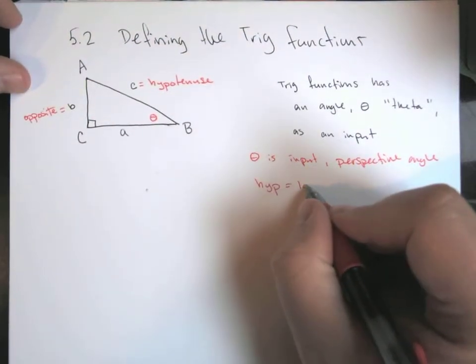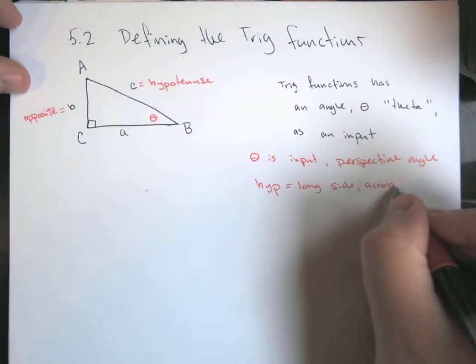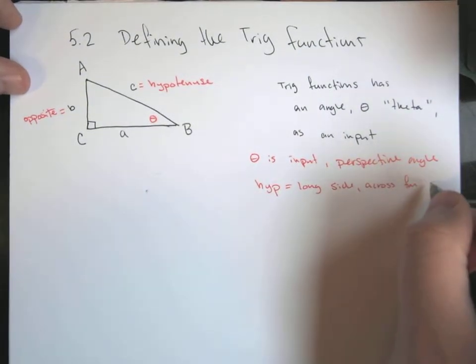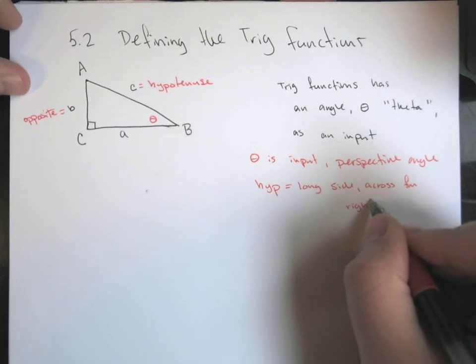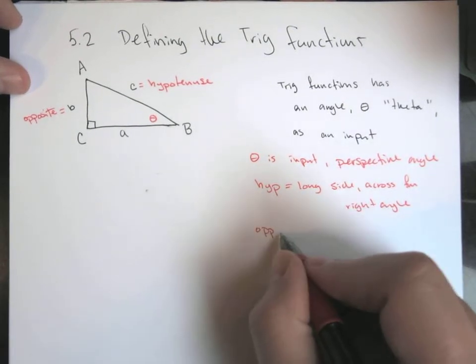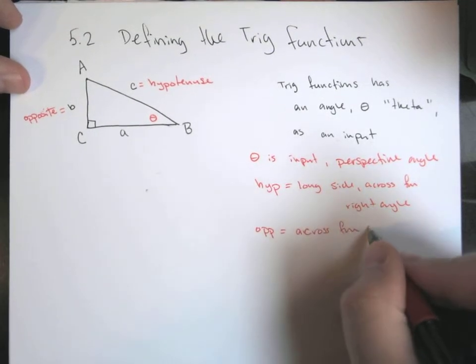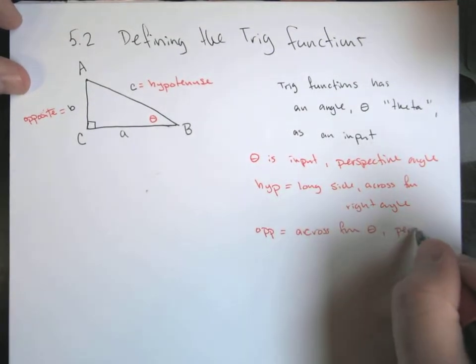So our hypotenuse is the long side, and it's across from the right angle. Our opposite side is going to be across from theta, which is our perspective angle.